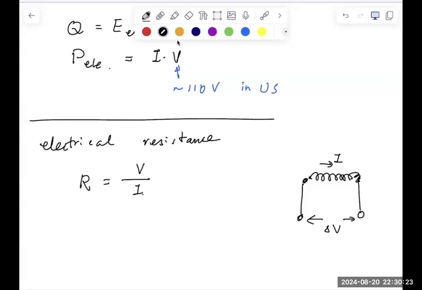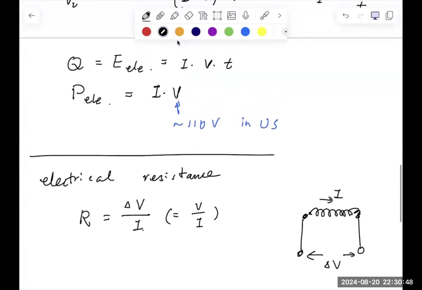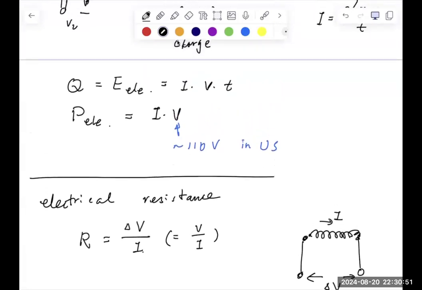Sometimes we just use the V, or sometimes use the delta V. In theory, delta V is more accurate, but in many cases people just ignore the delta. But when we say V over R, the V is actually the delta V across the two points. And if we remember this ratio, resistance, then we can further change the V. As you can see, the V can be written as I times R, current times the resistance.